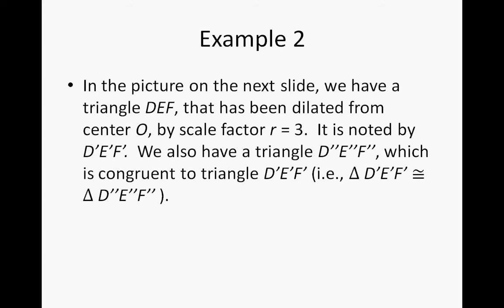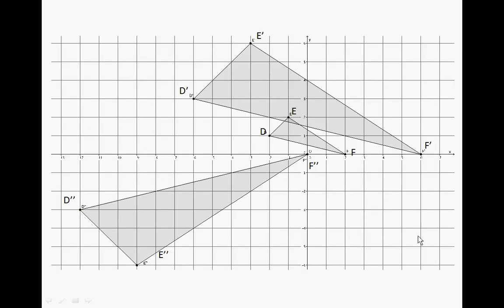And then you also have a triangle D double prime, E double prime, F double prime, which is congruent to triangle DEF. And again, the symbol for congruent is the equal sign with the squiggle on top of it. So go ahead and pause the video, sketch this out on your graph paper so that you can refer to it as we continue on.